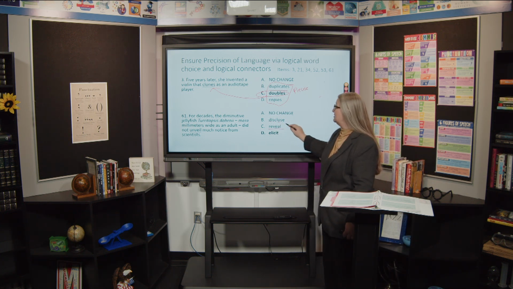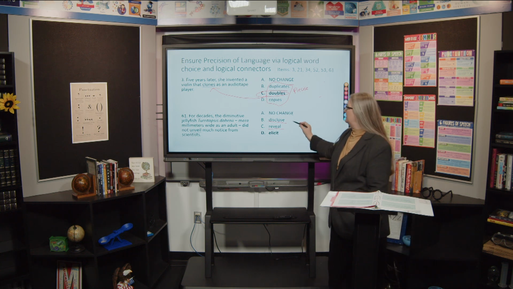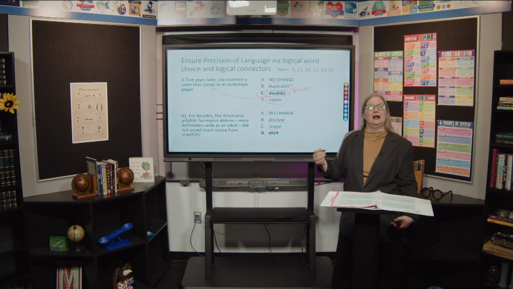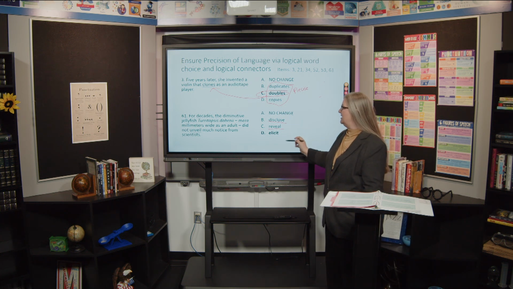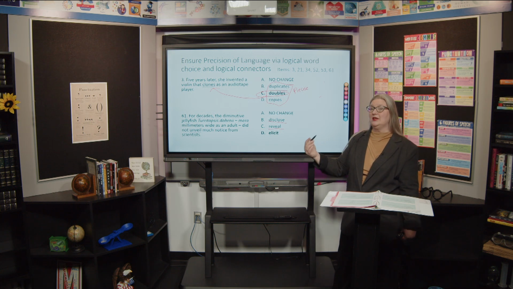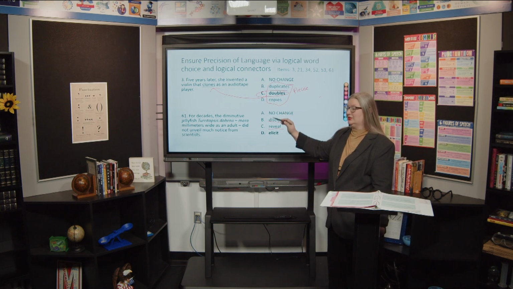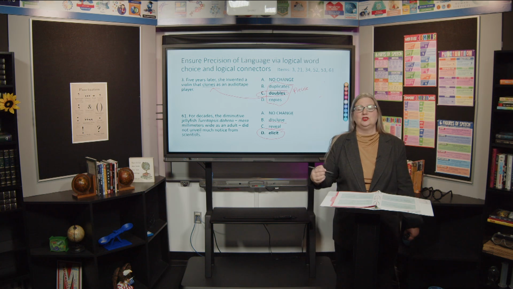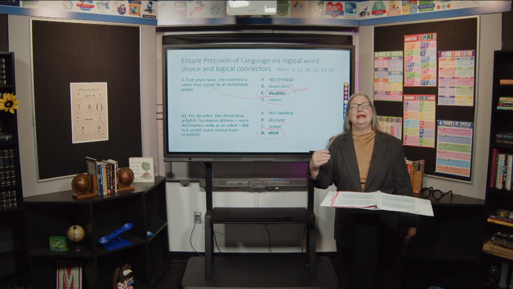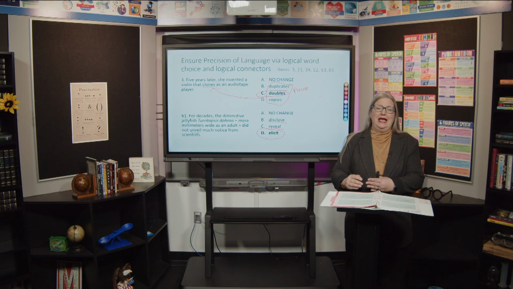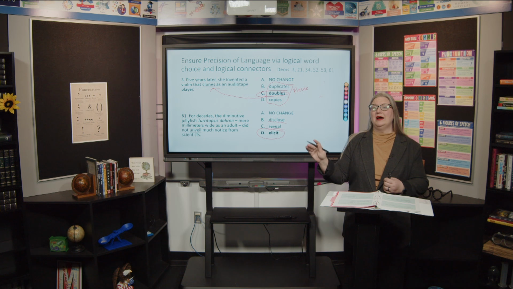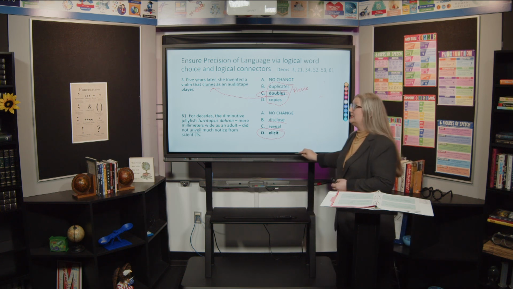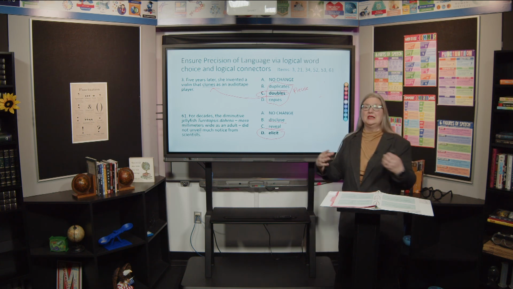You also have it discloses her face, but the word disclose has a different connotation than the word reveal. But the most precise word for this particular sentence is the word elicit. So this is going to test your vocabulary knowledge and how well you can pick the most precise word for what the sentence is expecting you to put.